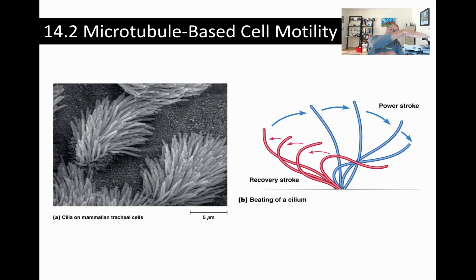If the cilia is anchored down here, then we're looking at recovery and then power. So the force being generated that way is parallel to the cell surface. That could move an organism through fluid, or it could move fluid across the surface of an organism, for example, across the surface of the gullet opening on a paramecium.